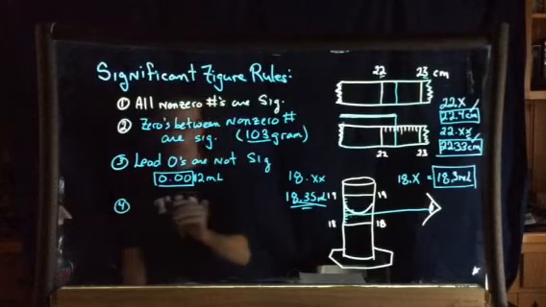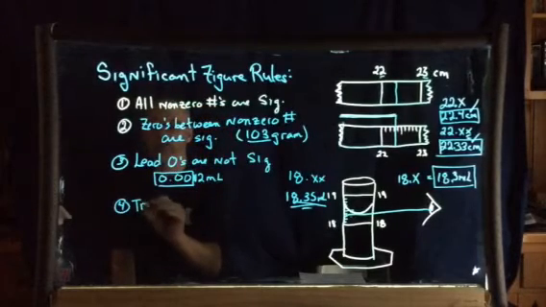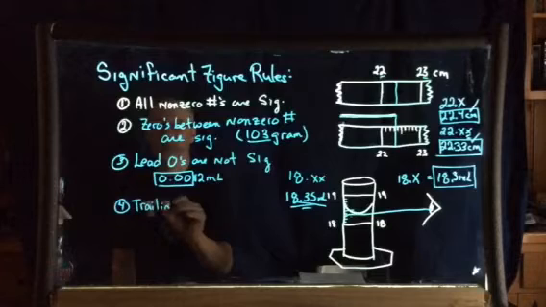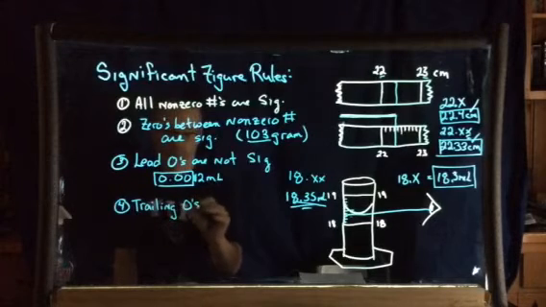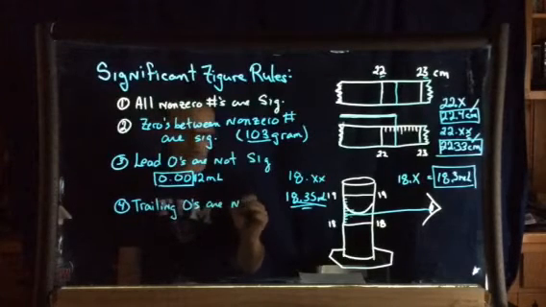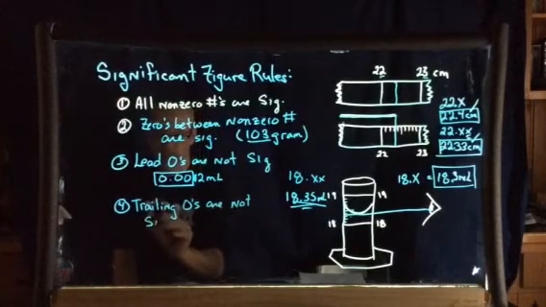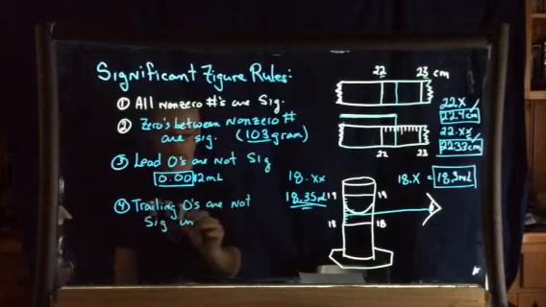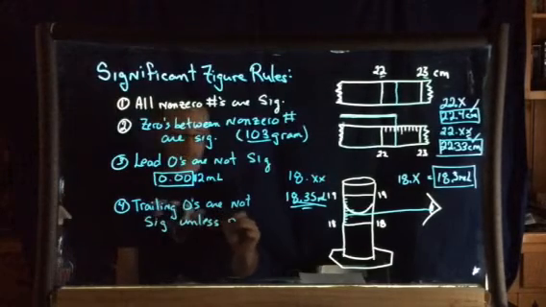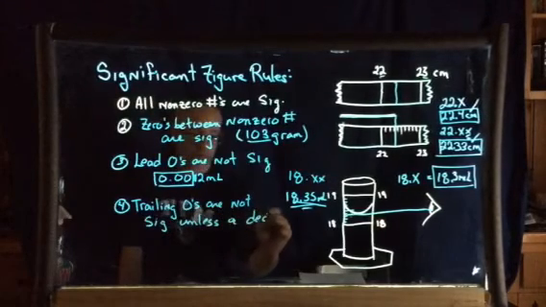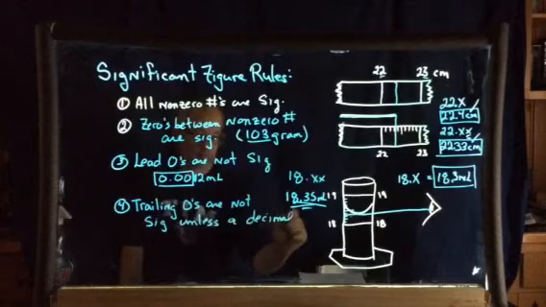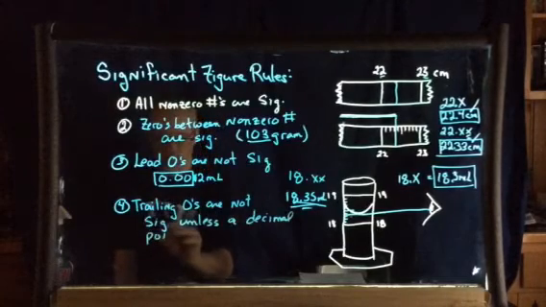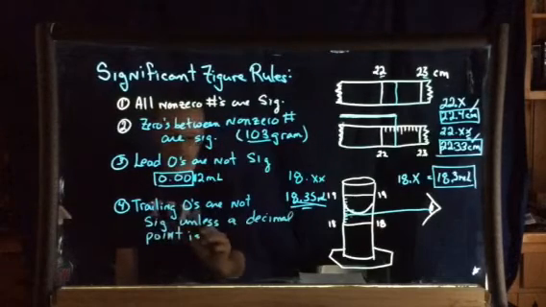Last rule, trailing zeros are not significant unless a decimal point is present.